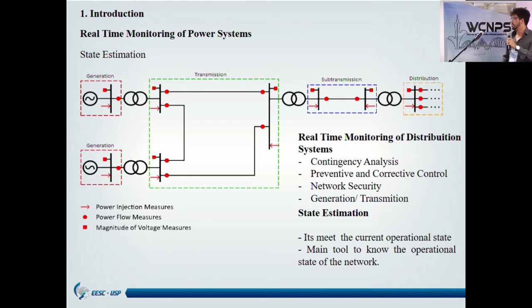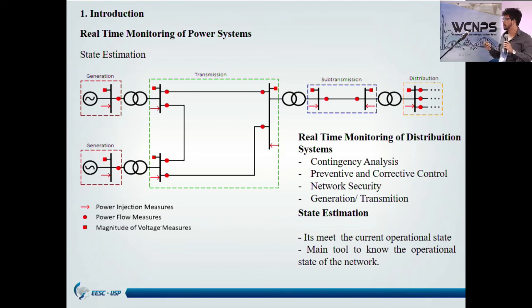Monitoring the power system is fundamental to contingency analysis, preventive and corrective control, and network security. This is mainly in the area of generation and transmission, because of the advanced use of the supervisory system SCADA.